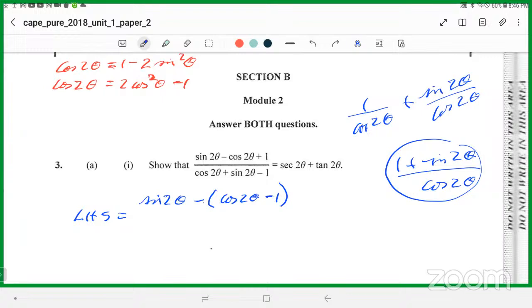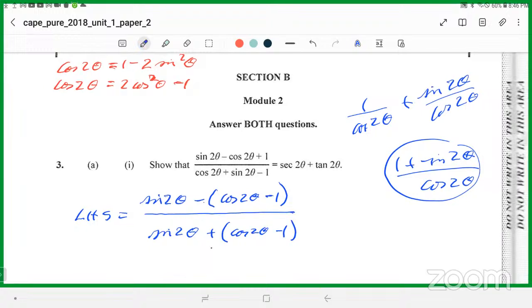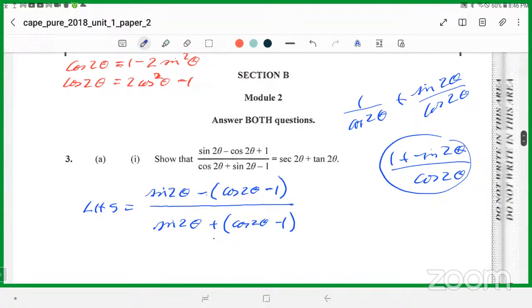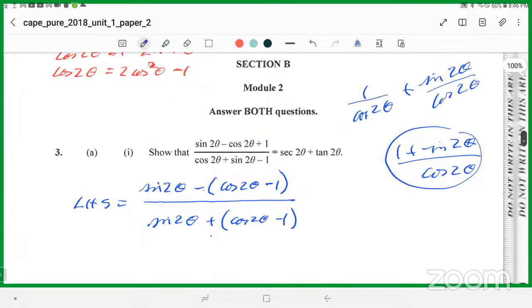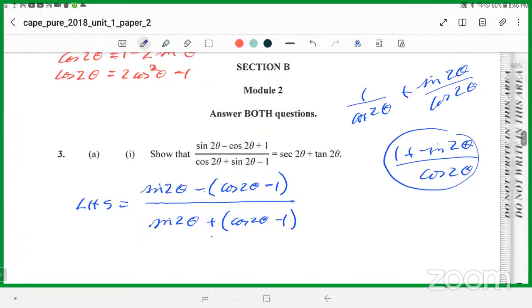And then under here, I would have sine 2 theta in front, then plus, and then I have this and this, which is now cos 2 theta minus 1. See that? That's what I have so far, right? Good? Yes, sir.